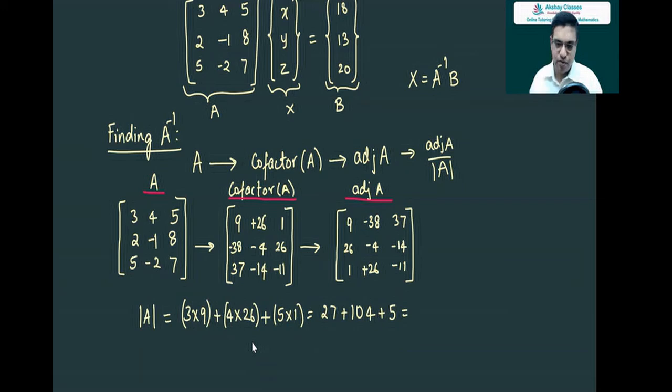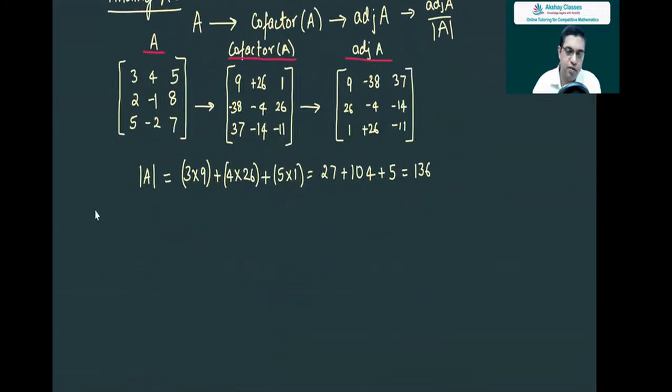How much is this? 136, right? 104, 25, 27 plus 5, 32 plus 4, 36. So this is 136. This is the determinant. So we found the determinant, we found the adjoint. Now what do we have to find?